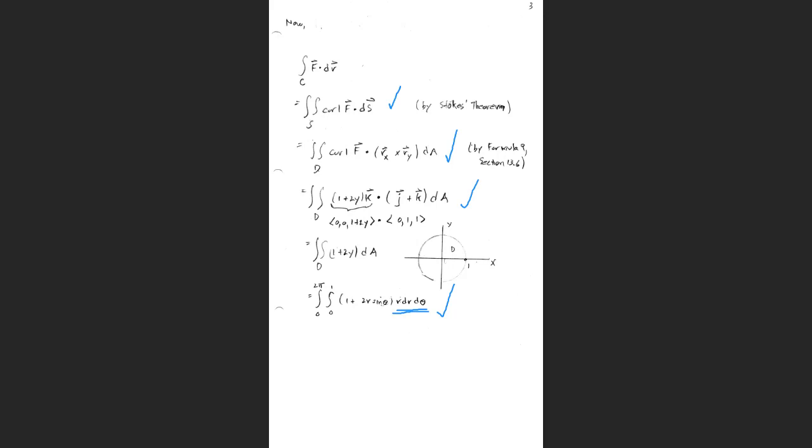I'll mention while I'm at it that this goes with example 1 in the textbook. Because the surface comes from the plane z equals 2 minus y, the textbook treats the surface like a graph. I like to parameterize my surface, so I had gotten a vector function r of x and y.